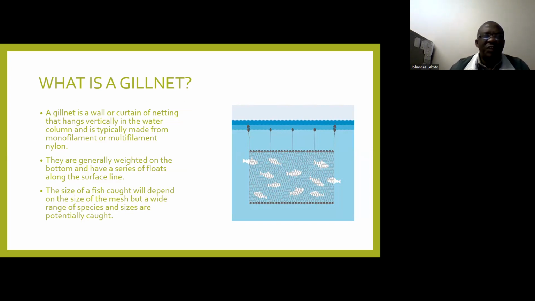The size of fish caught will depend on the size of the mesh, but a wide range of species and sizes are potentially caught. There's a picture as well there of the net showing the floaters, how the net looks, how it hangs in the water, and some fish there to show that it is meant to catch the fish. I'll quickly move to the next slide.